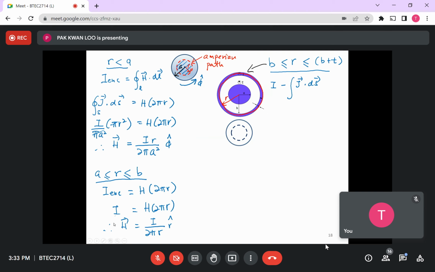Thickness T, sorry about that just now. So I will write down the parameters again. This is B. Following the Ampere's path that I draw here, the enclosed current will be I. So the current density is I divided by pi (B plus T) squared minus pi B squared, right?